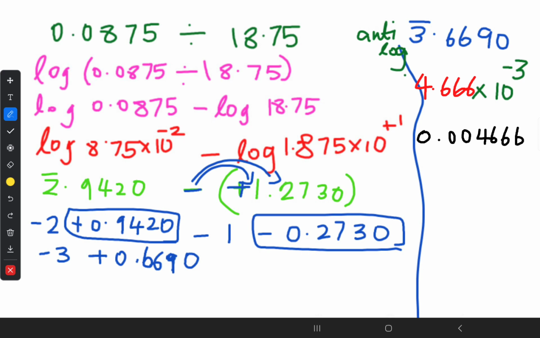Bar 2.9420, here positive 1.2730. After we did the calculation between the whole numbers and decimal numbers, we got the final answer as bar 3.6690. Then antilog for the respective value. Inside the table we found 6690 as 4.666, which should be multiplied with 10 to the power of negative 3. That will give you 0.004666. It would be the final answer for the logarithmic question.